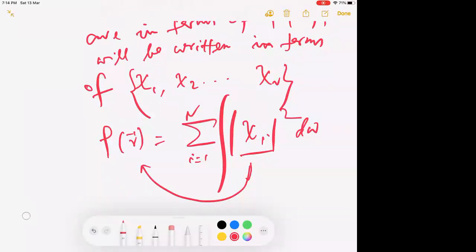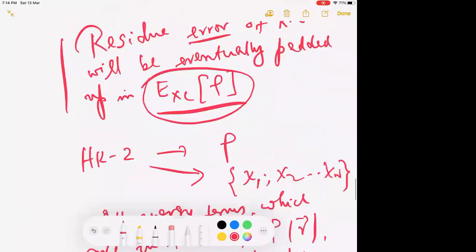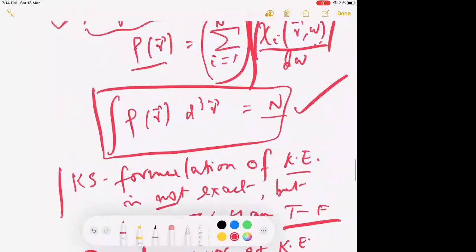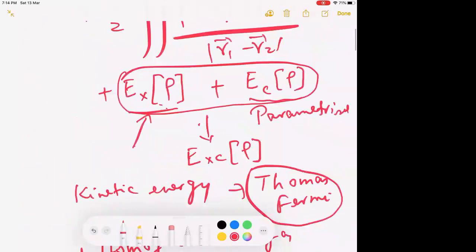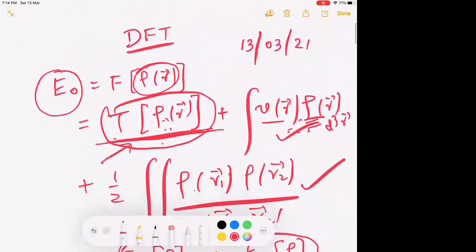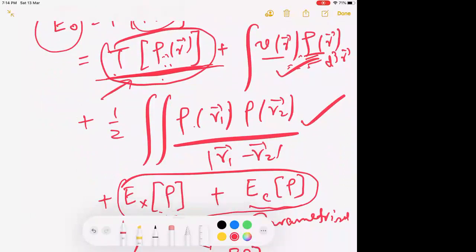But here I have expressions in terms of density, I have to simply expand the density in terms of spin orbitals, and I will automatically get it. So the reverse process of transforming the density to spin orbitals is very easy. All these terms can be written easily in terms of spin orbitals by expanding.